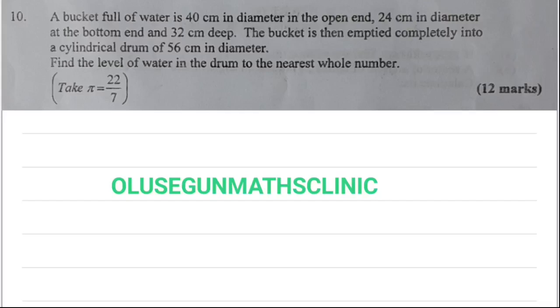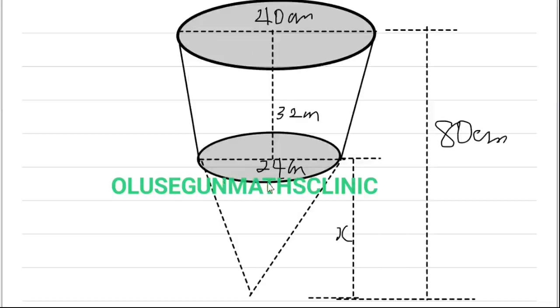Find the level of the water in the drum, to the nearest whole number. So let me draw the drum now. This is a bucket, just a sketch. In sketching this, the open end is 40 centimeters and the bottom is 24.